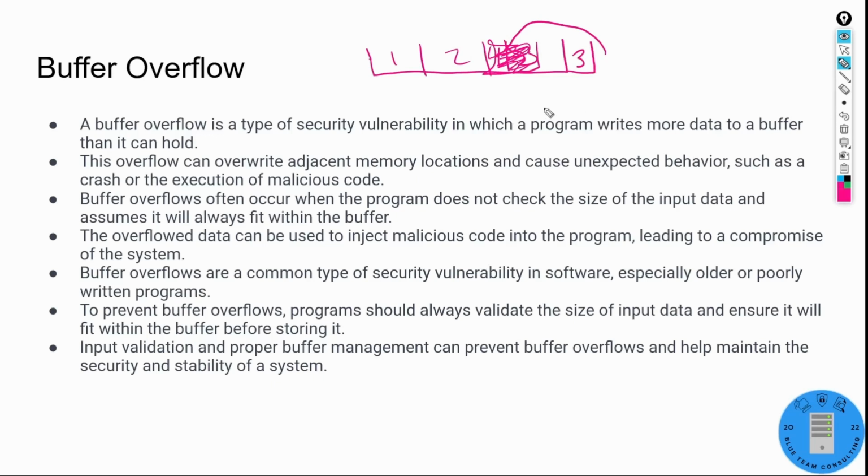It's overriding adjacent memory locations, and that can cause unexpected behavior such as a crash or the execution of malicious code, which we just talked about. Buffer overflows often occur when the program does not check the size of the input data and assumes that it will always fit within the buffer.